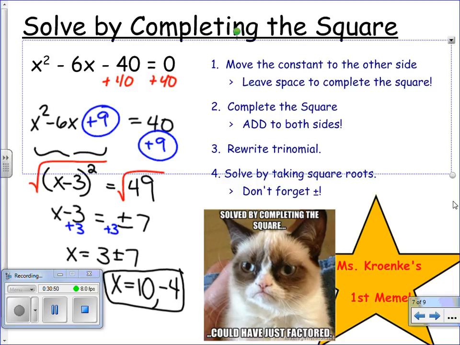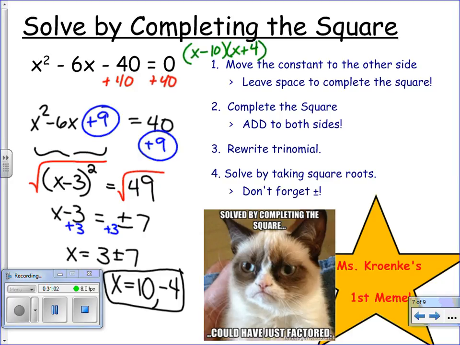How about 10 times 4 if 10 is negative? So then I could have factored this out as x minus 10 and x plus 4. Would that give me my outside and inside terms to make negative 6? Yeah, it'd be negative 10x and positive 4x. And then negative 10 times 4 would be negative 40. And then I could have just set these factors equal to 0, and my answer would have been 10 and negative 4.